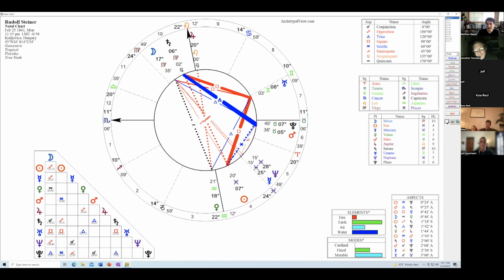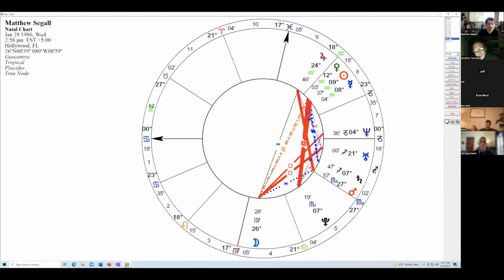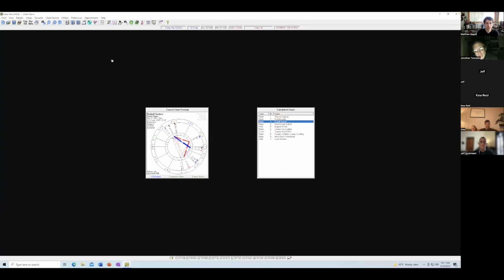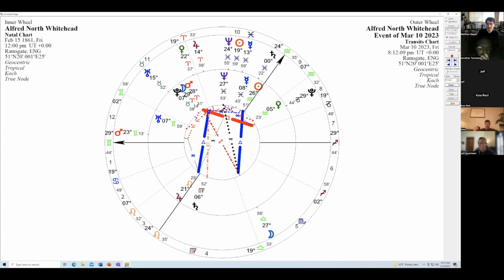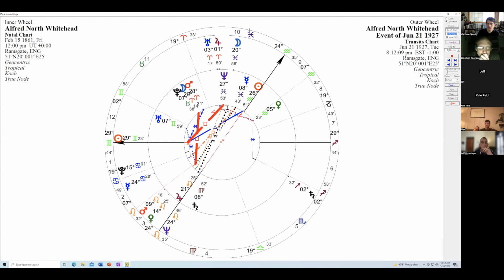It's interesting with Whitehead, I don't know if this is appropriate or not. I thought it was fascinating that 1927 is the founding of quantum theory in many ways, at the Solvay Congress.